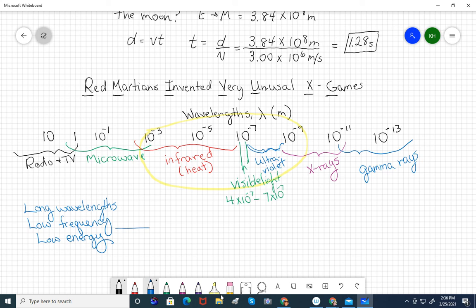As you move to the other side, over here, you get very short wavelengths, high frequency, high energy waves.